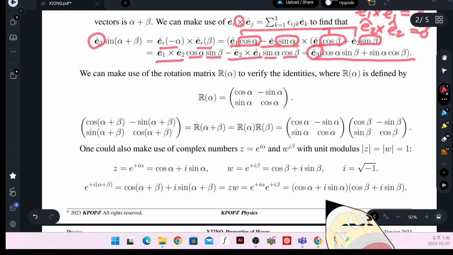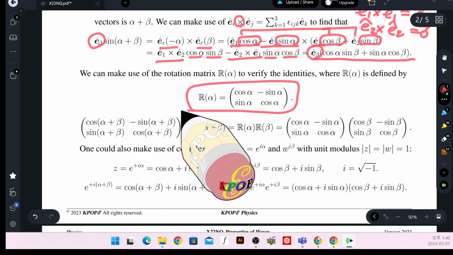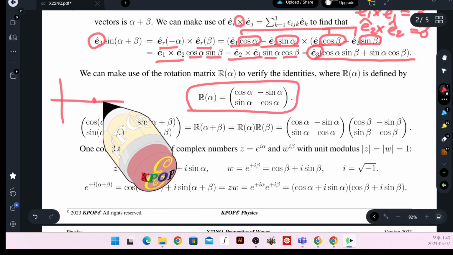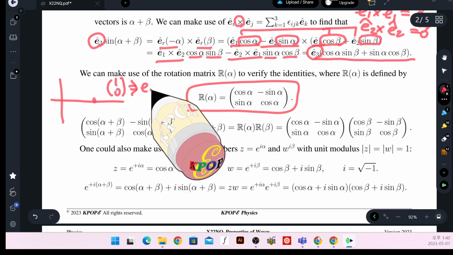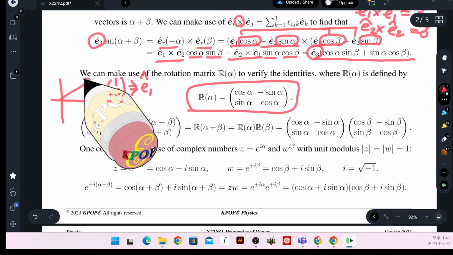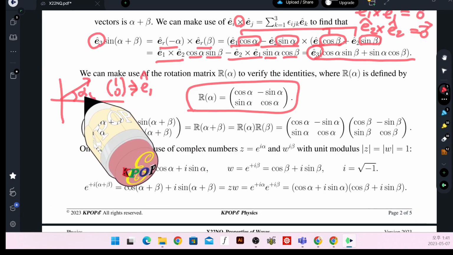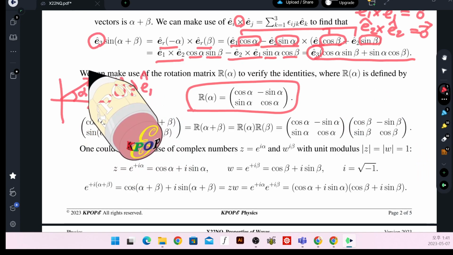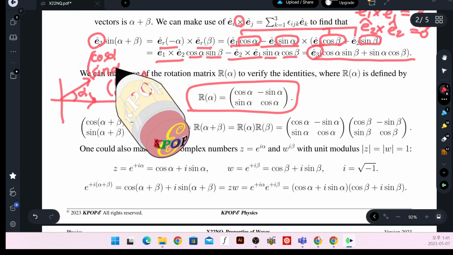That's not all. We can also make use of the rotation matrix. We recall that this rotation matrix rotates a unit vector (1, 0), which can be expressed in terms of e1 hat, by an angle alpha counterclockwise. You will find (1, 0) gives cosine alpha and sine alpha.